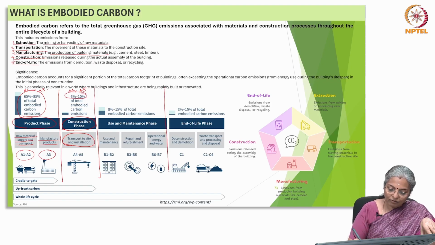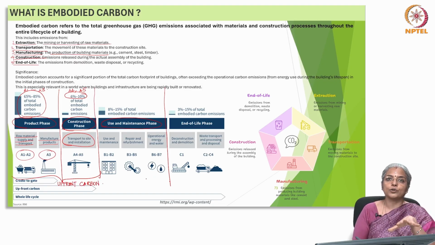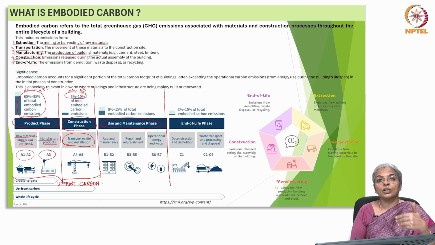And this is called upfront carbon. Without doing anything to the building itself, the building has been responsible for emission of so much carbon by virtue of the choice of building material that a designer makes.